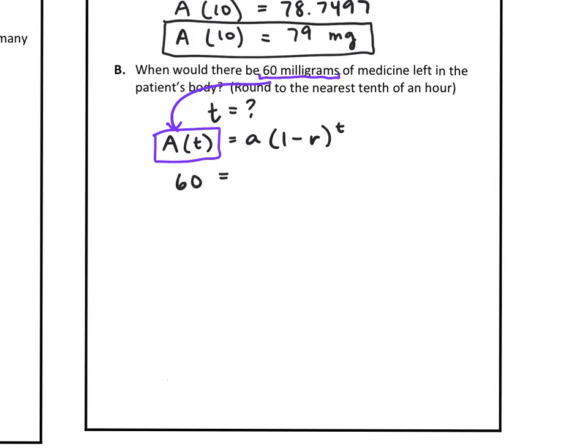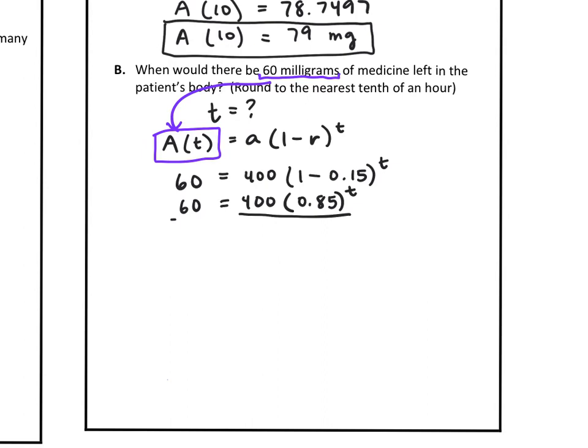A is my initial amount, right? What was my initial dosage that I took? I took 400 milligrams of a medication. And then we're going to do parentheses 1 minus 0.15 to the power of t. And so again, we can copy everything and work out what's in parentheses, which would give me 0.85 to the power of t.